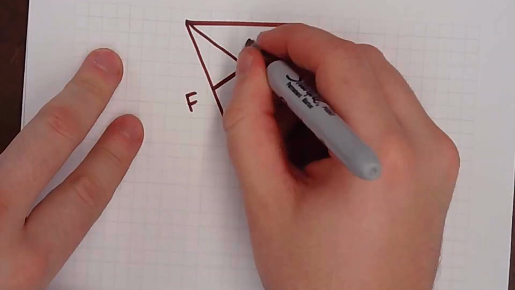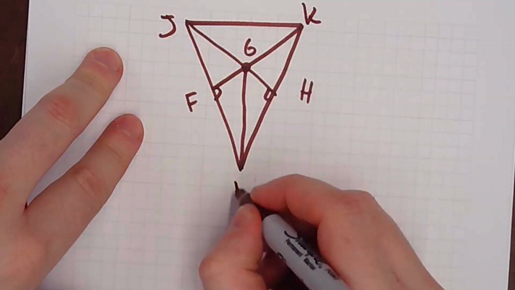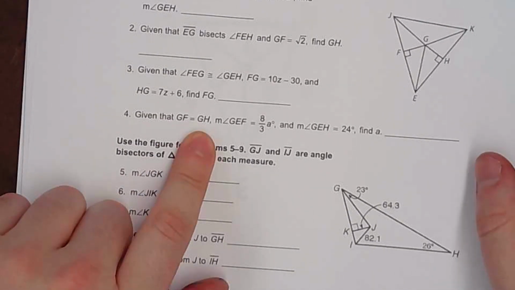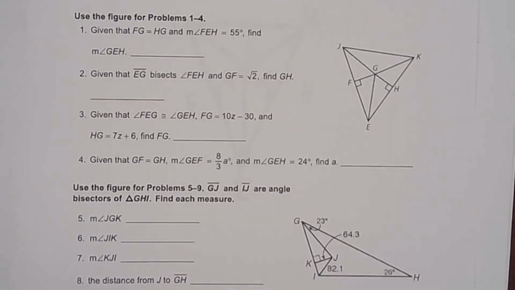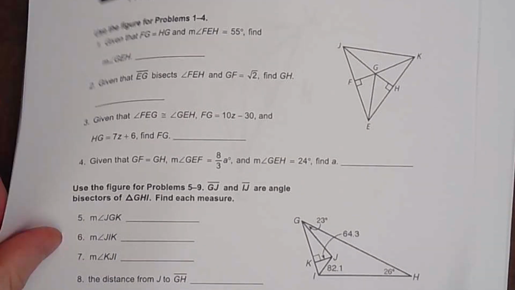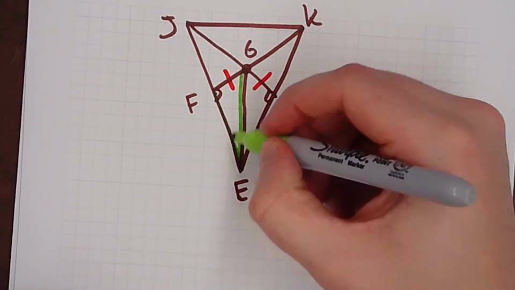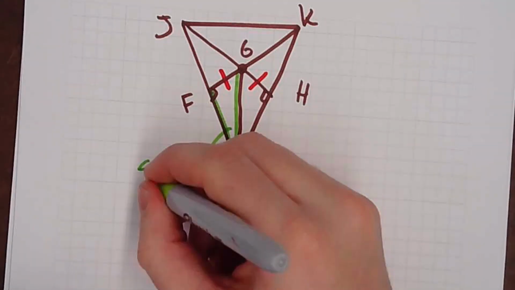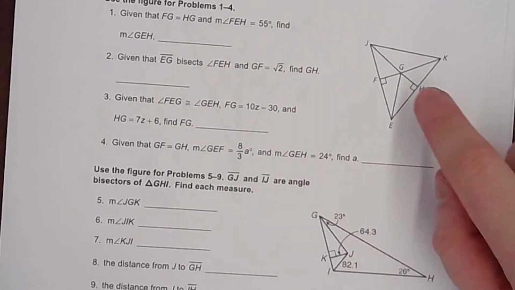F, G, H, 90, 90, J, K, E. All right, so they tell us in this one, given that GF and GH are congruent, and measure of angle GEF is 8/3 A. So GEF is this one. So that angle right there is 8/3 of A degrees. It says, and GEH is this one right here, it's 24.